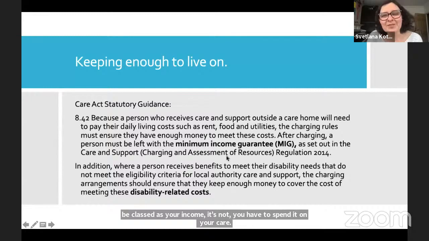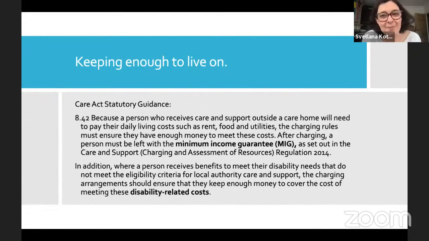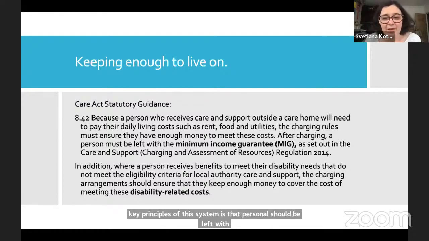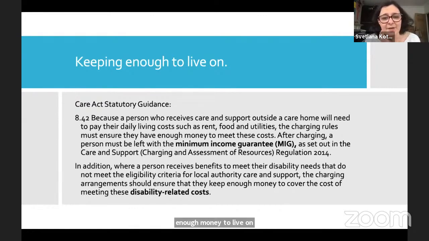Well, one of the key principles of this system is that a person should be left with enough money to live on. We included a couple of statements from the Care and Support Guidance so you could look at and refer.